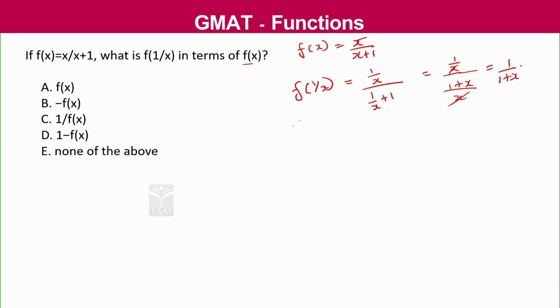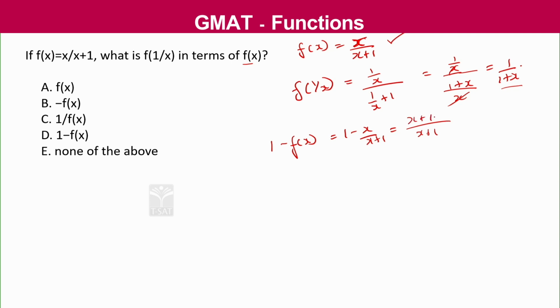When you look at f(x) equal to x divided by x plus 1, can you somehow link it to 1 plus x? Let's see if we can do that. 1 minus f(x) will be what? 1 minus x divided by x plus 1, where the LCM comes out as x plus 1.